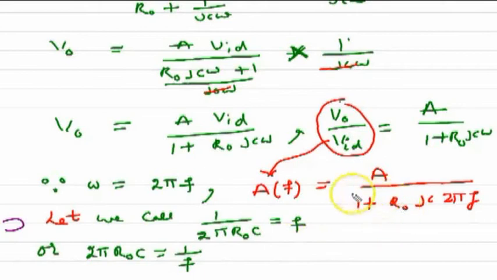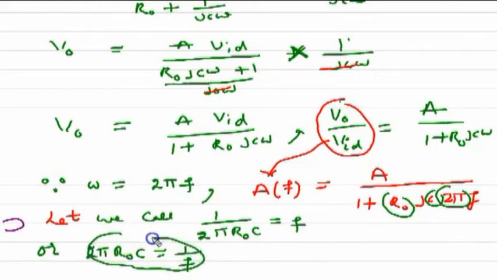So here R naught is there, and 2 pi is there, C is there, 2 pi is there, and C is also there. Substituting here 1 over F naught. So this is a term which we substitute in the expression, 1 over F naught.